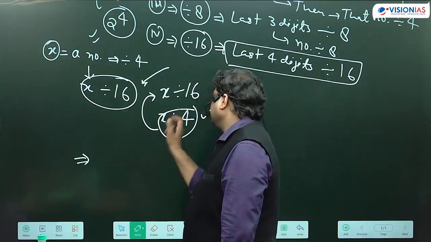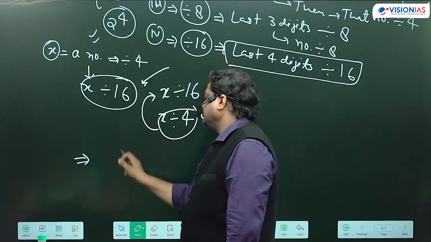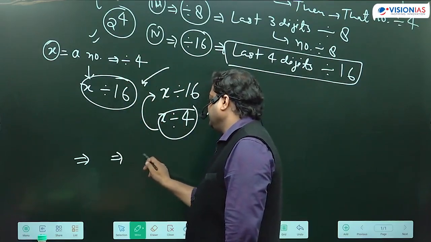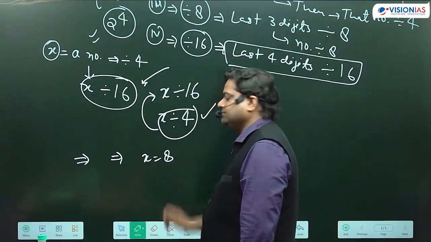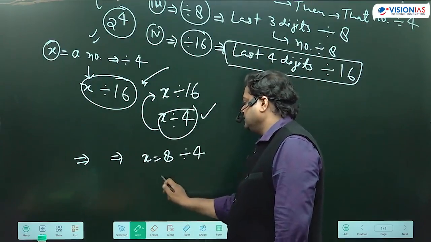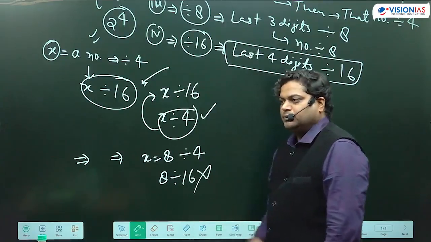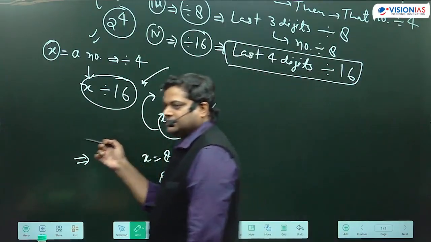If I take example this way, if a number is divisible by 4, we can take that number as 8. 8 is divisible by 4. Is this 8 divisible by 16? No. Ulta nahi hoga. Correct.